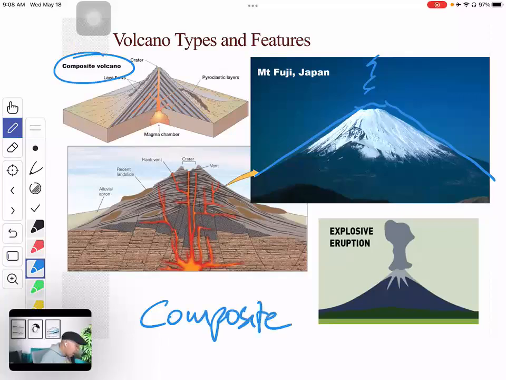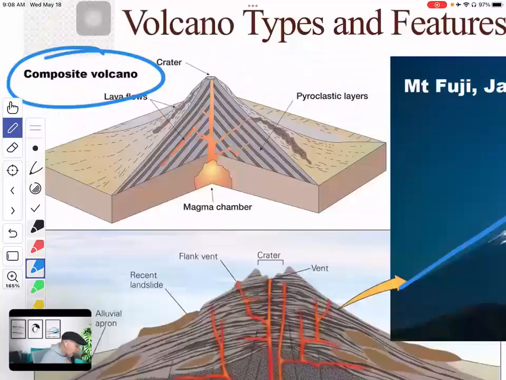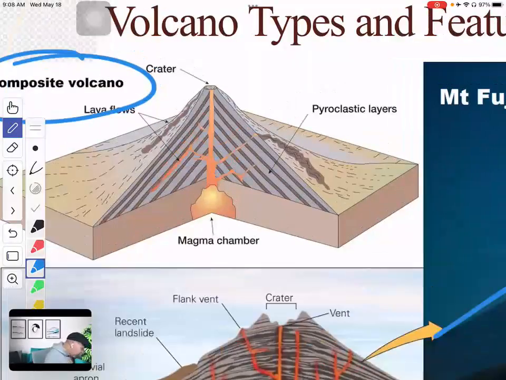And they are called composite because they are formed by a composition of layers of ash and lava. And each of those layers represents a different eruption. So when there is an eruption, a layer of ash and lava is deposited. And because the lava is very viscous, it doesn't travel very far from the volcano, it creates a layer of lava on the flanks of the volcano.